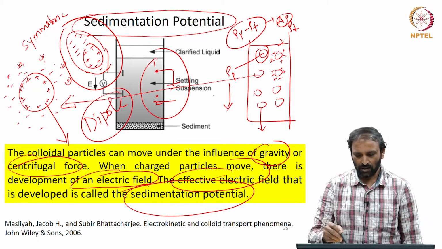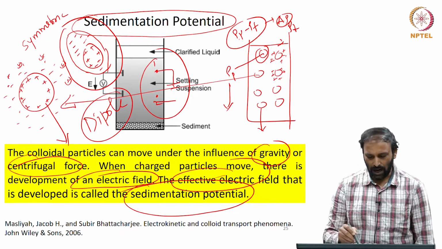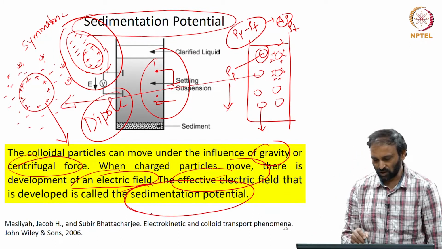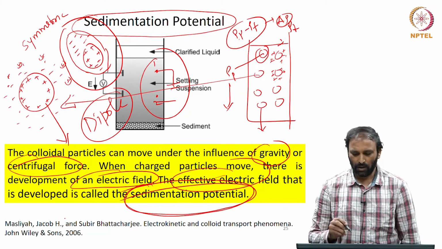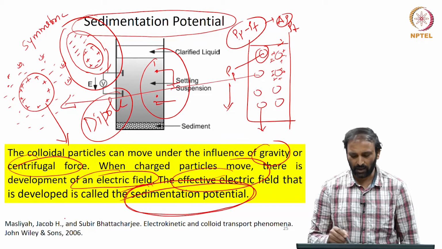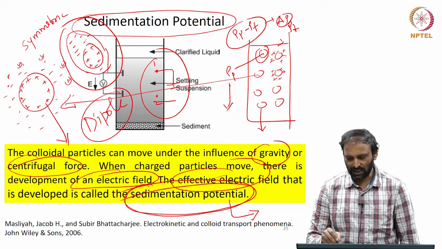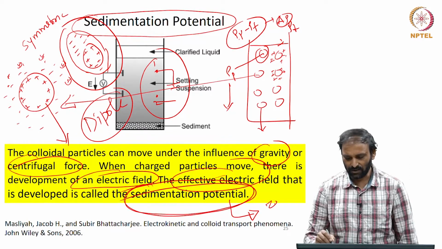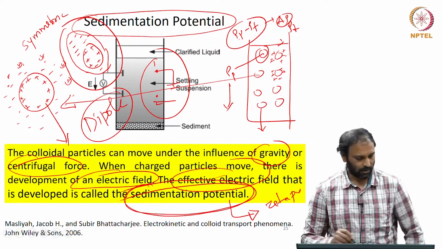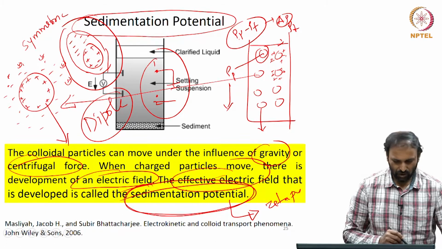This potential difference can be measured, and that potential is what is called the sedimentation potential. So, one could measure sedimentation potential, and of course, this can again be related to the charge of the particle or the zeta potential as well.